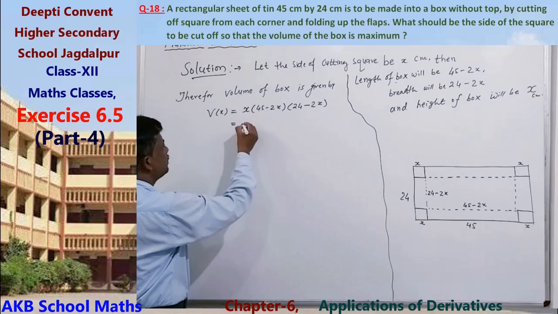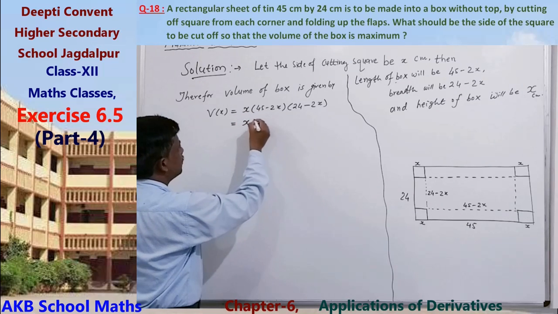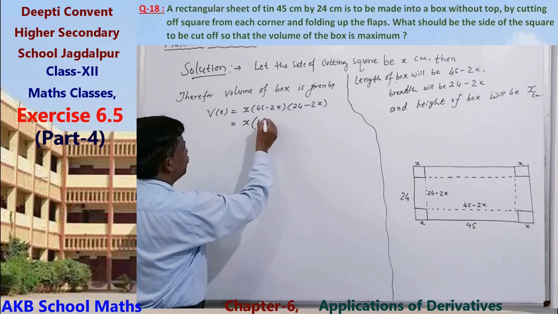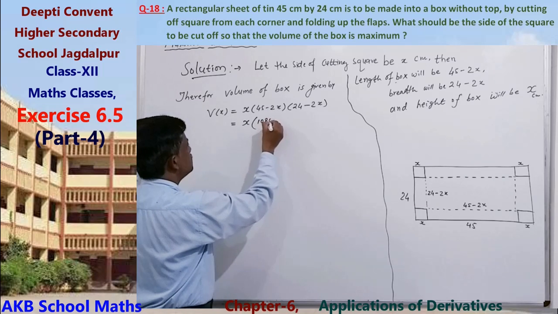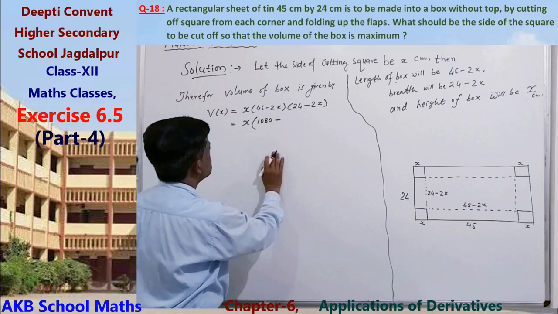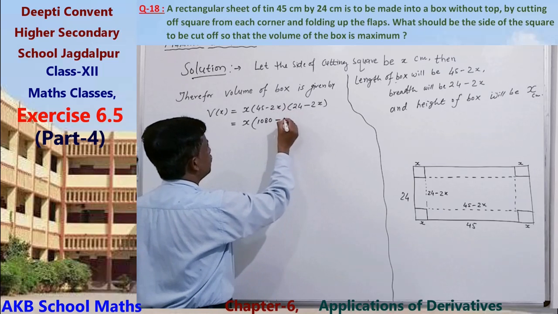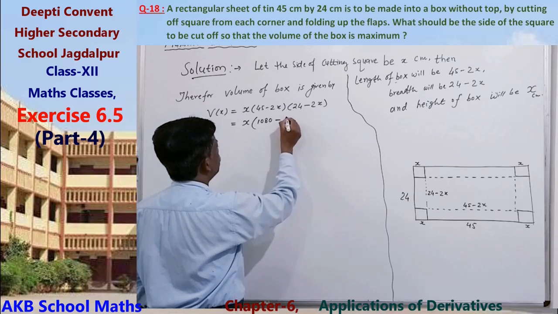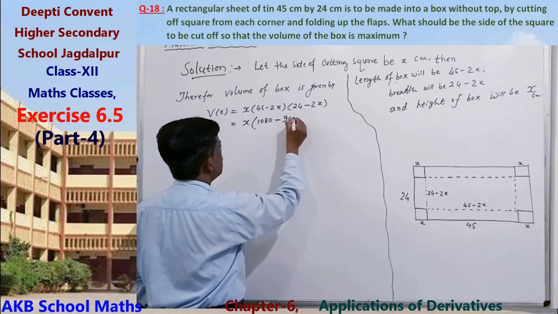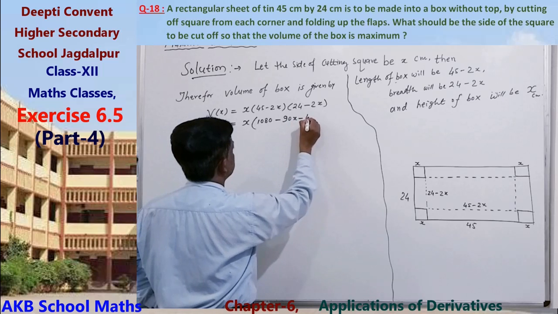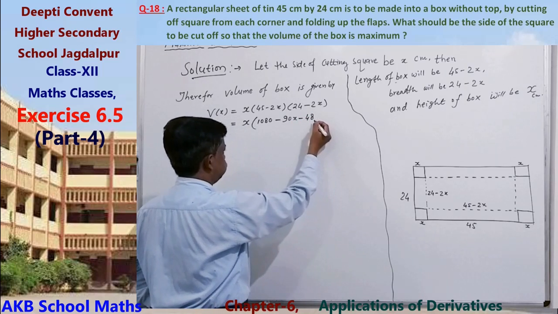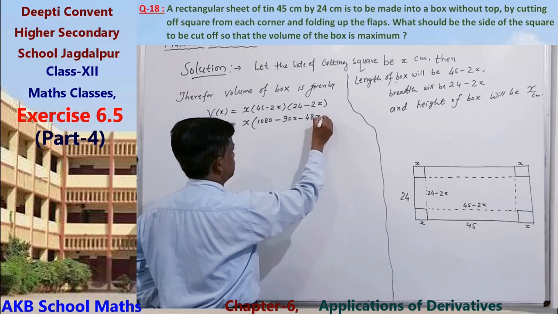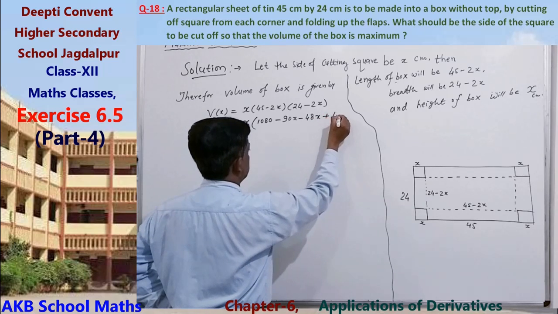So solving it, x multiplied by 1080 minus 90x minus 48x plus 4x squared.